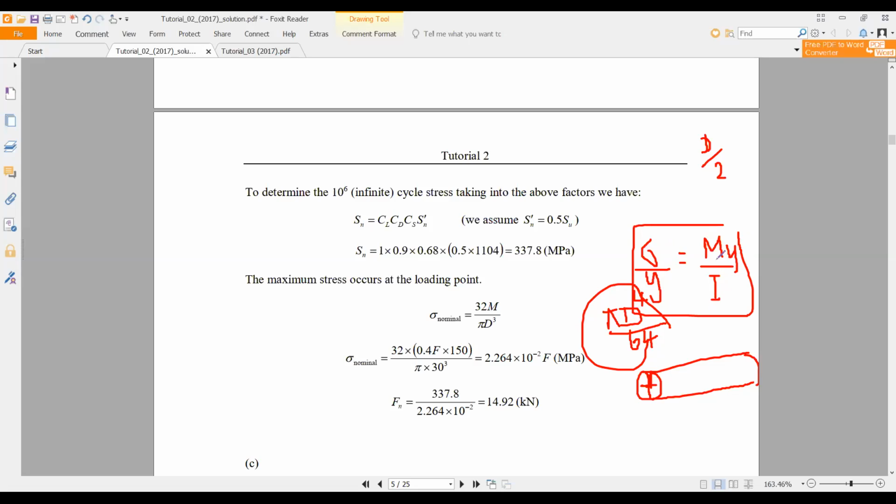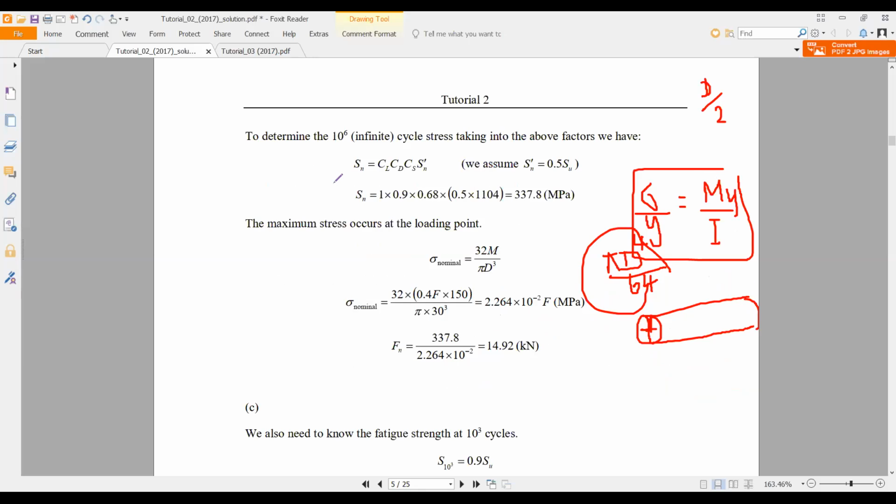Then we simplify that one. d to the power 4 will be cut off to d to the power 3, and 64 will be cut off by 2, then it will be 32. It will become upside. Then yeah, this will be the simplification. Is it clear? Yes, sir. Okay.